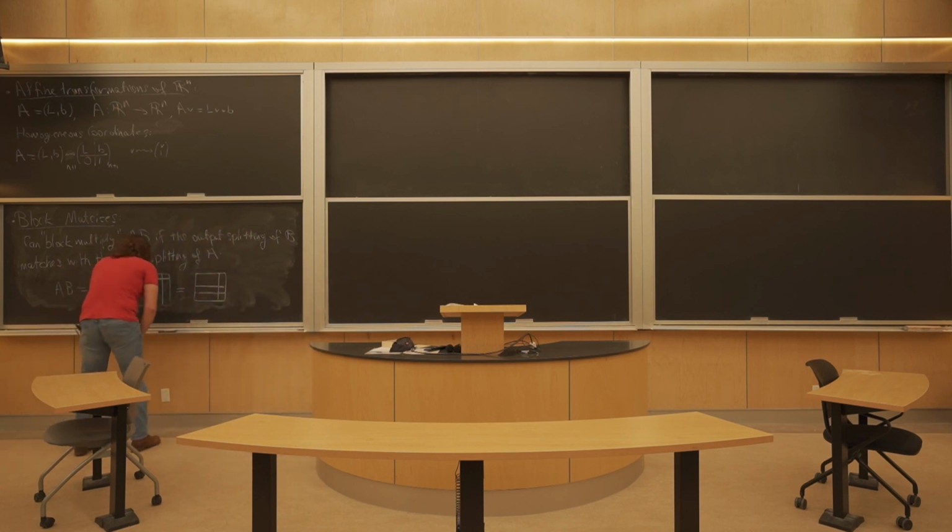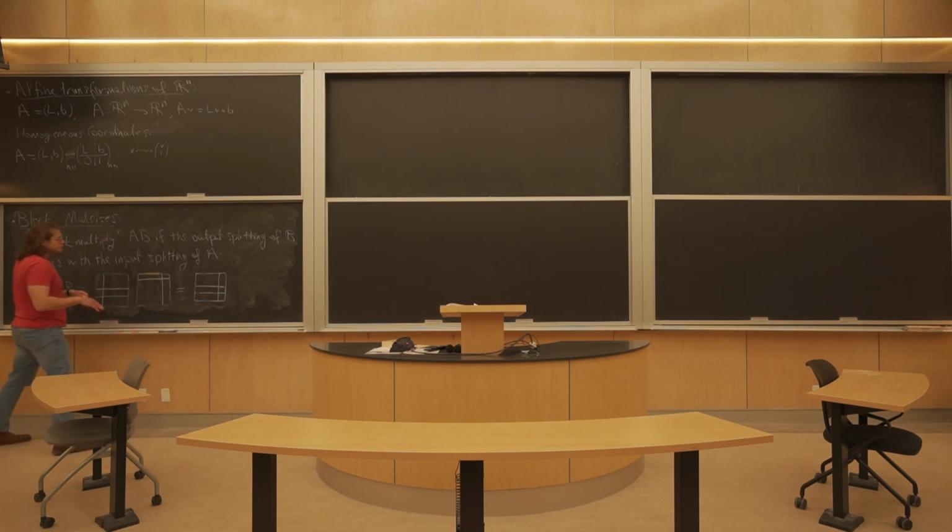So these letters I'm going to write down represent the number of columns in that piece. Here there are A columns, and then there are B columns here. And then let's say there are C rows here, and D rows here.